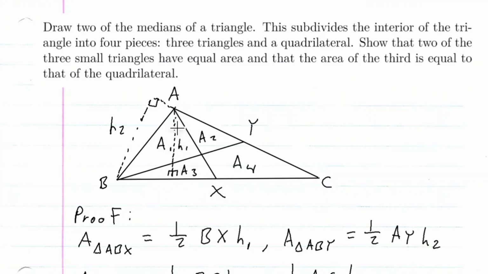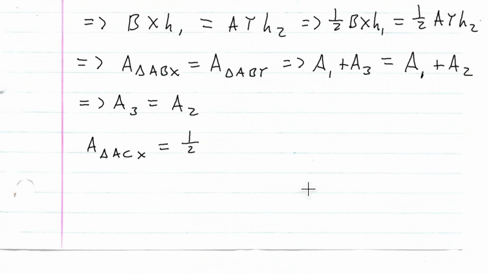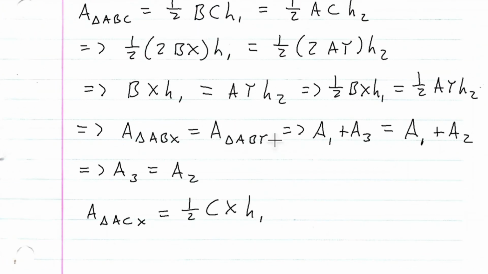The height 1 is still the same for ACX as it is for ABX. So ACX is 1/2 CX times height 1.